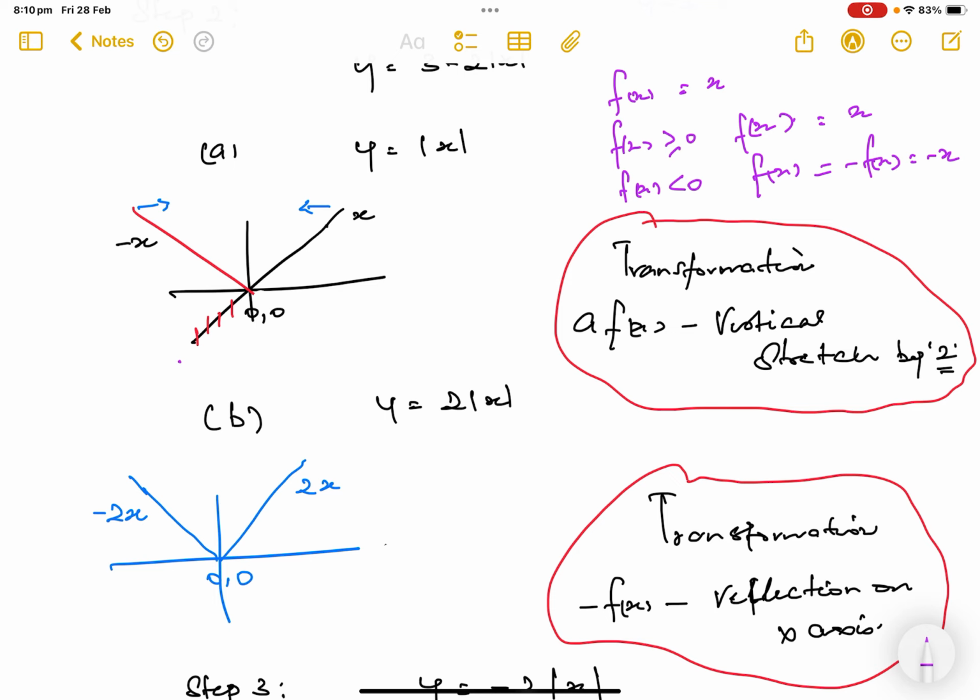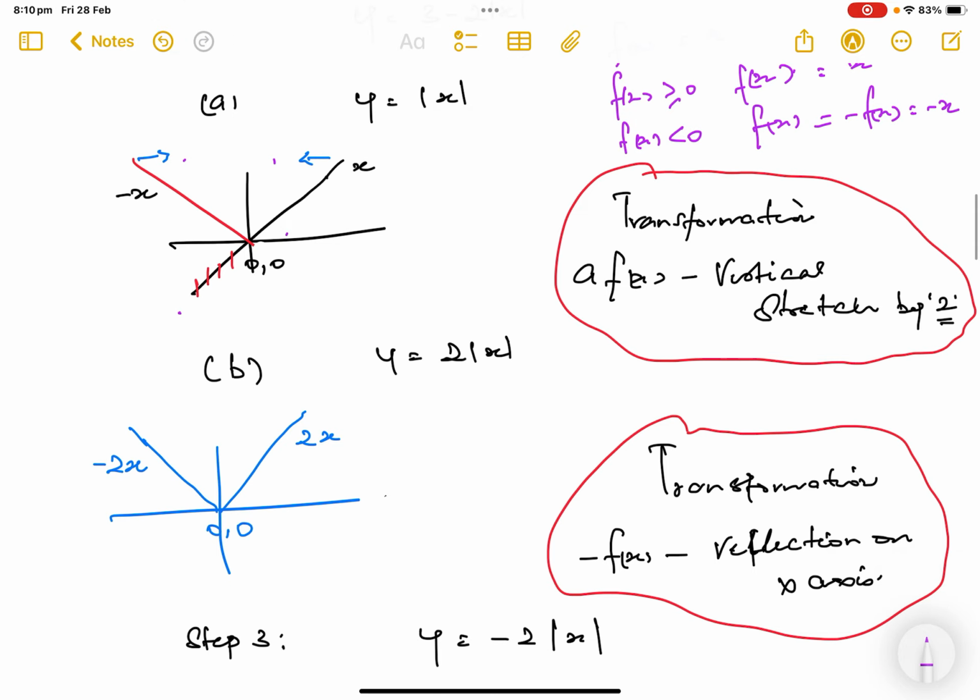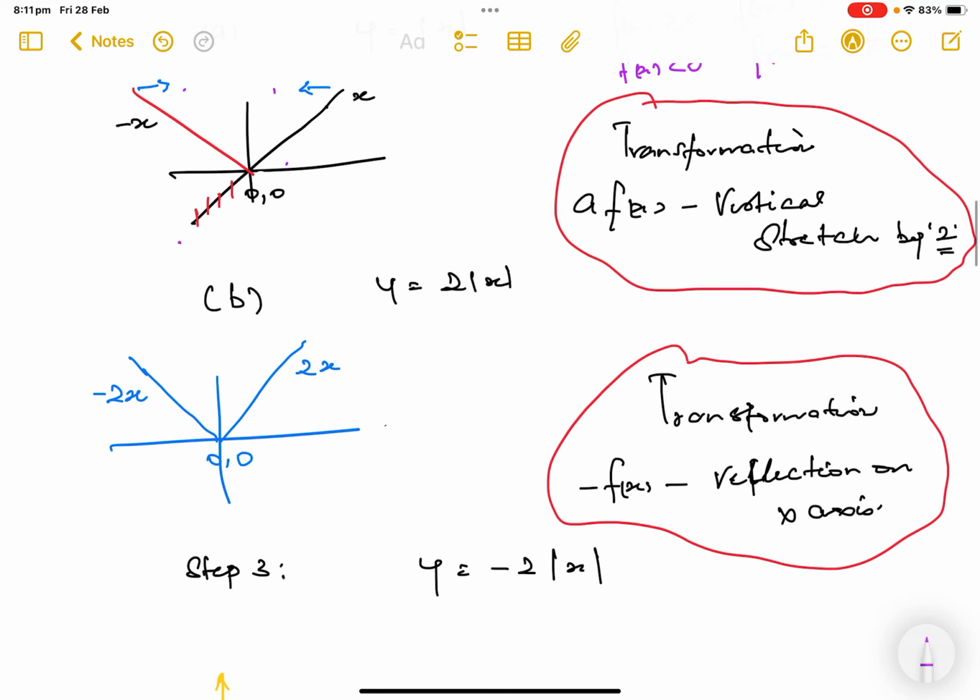When you do that, the angle here will reduce, so it will sort of get closer, like that. So now it's 2x and minus 2x. In other words, the gradient increases for those two lines. Right, that's done. Now go for minus.